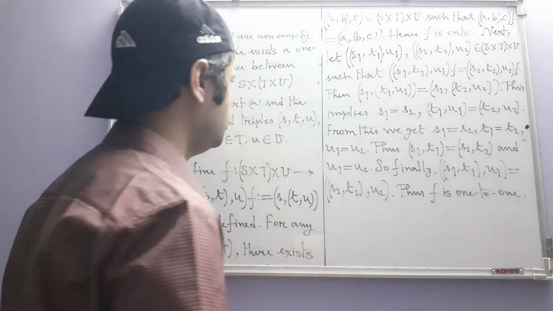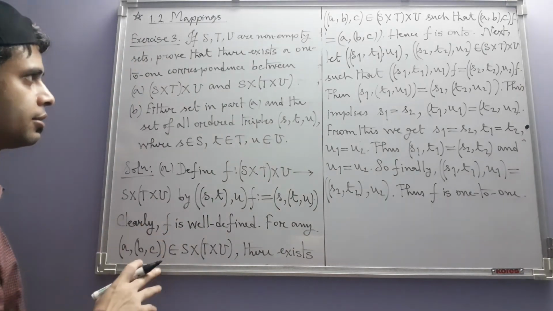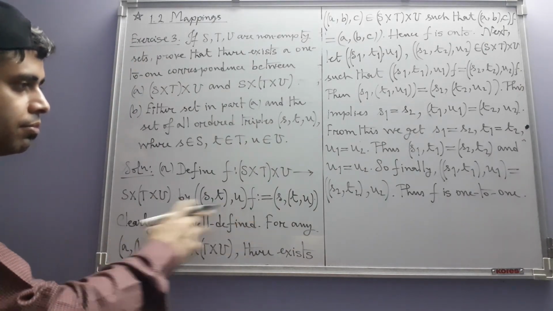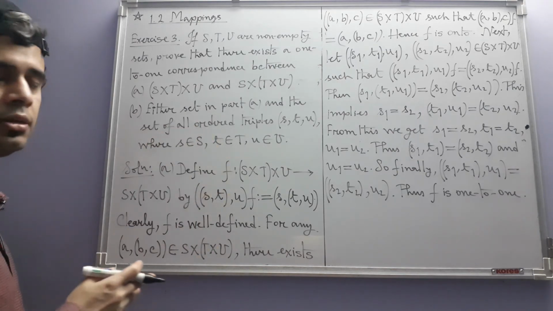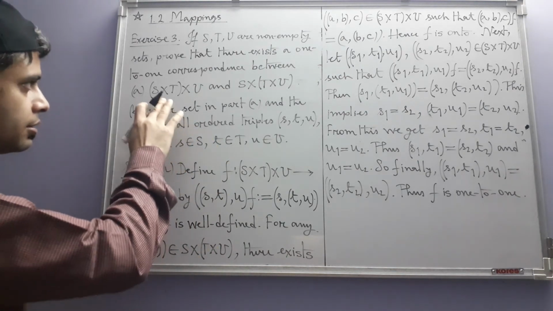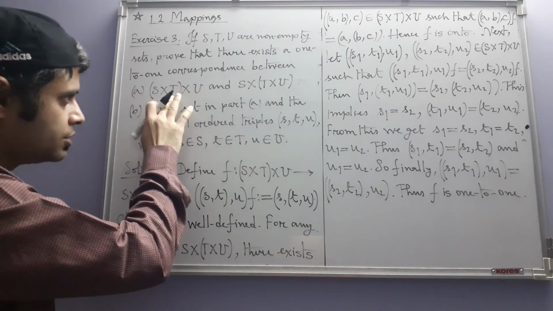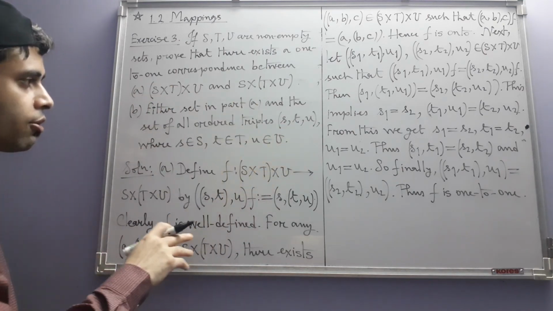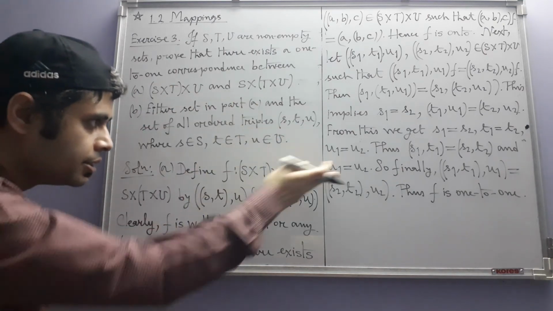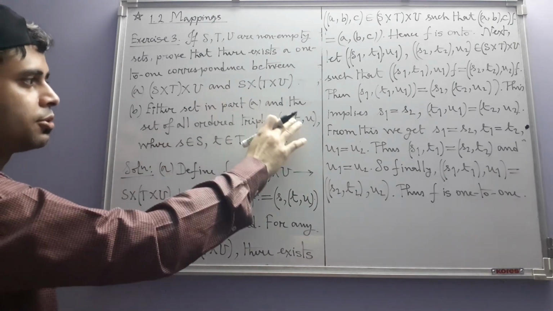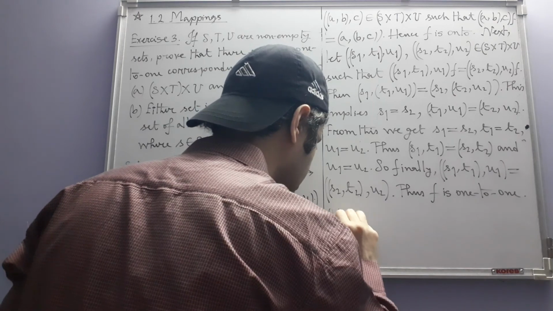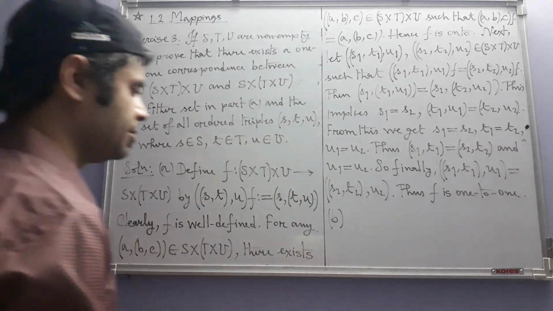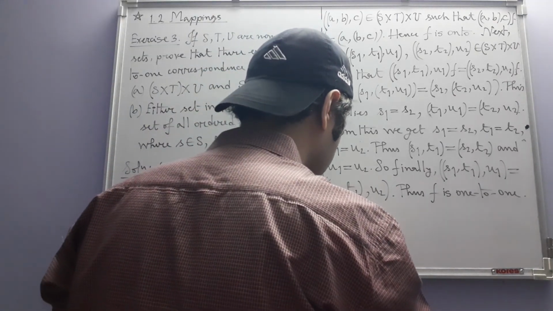Because of the first part, it's enough to show that there is a one-to-one correspondence between this one and this one, because then automatically using that and this we can create a one-to-one correspondence between this and this. So here I will not fully do it, I will just mention the mapping.